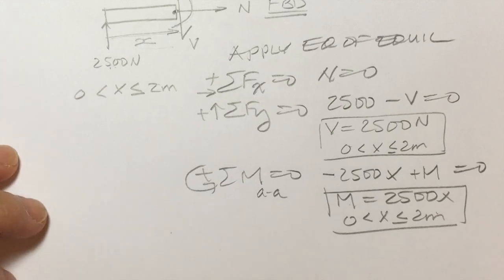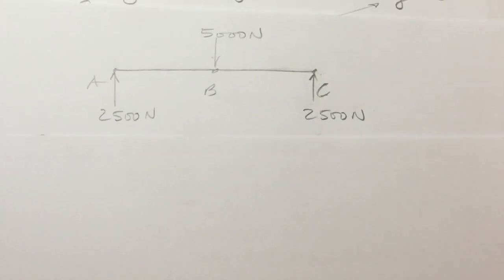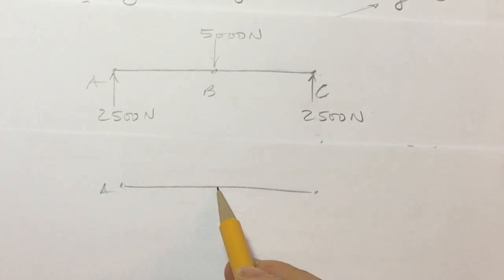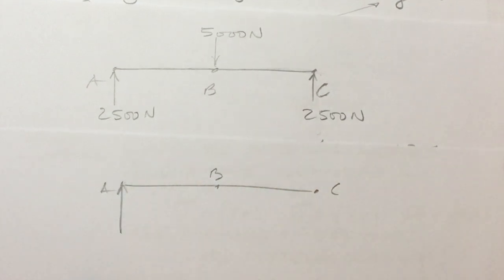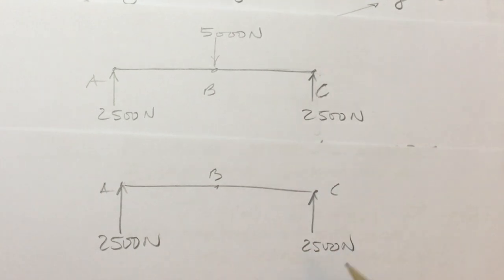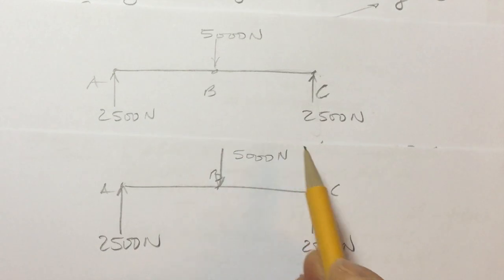So the next section would be right there from B to C. Here's A, B, and C. That would be 2,500 newtons, 2,500 newtons, and 5,000 newtons.